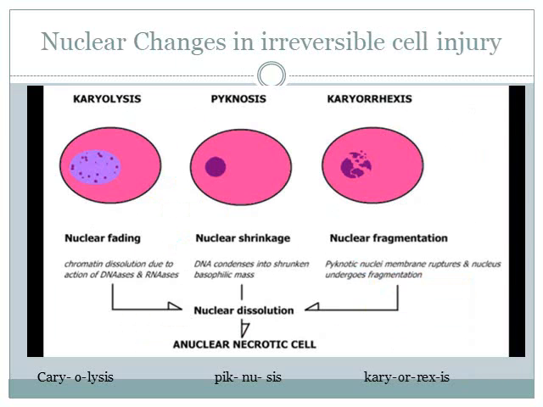Now, the last thing we'll look at, just for purely interest's sake, is when the cellular injury is irreversible, so it's going to end up as cellular death. The nucleus can go through different changes. Okay, so the first change that it can do is the nuclear fading. Okay, so that's your karyolysis.